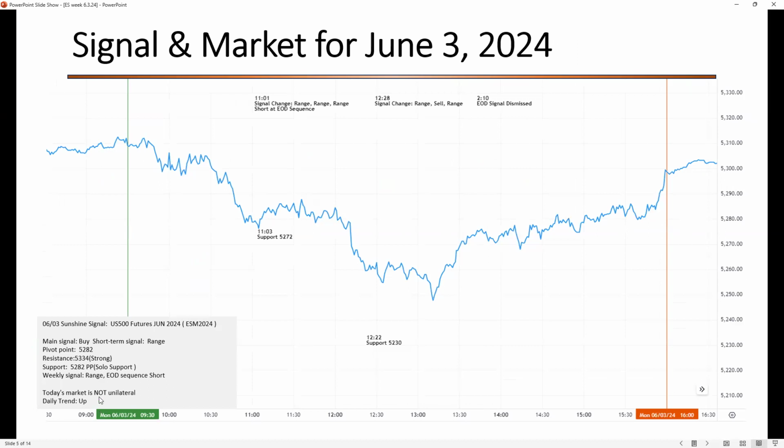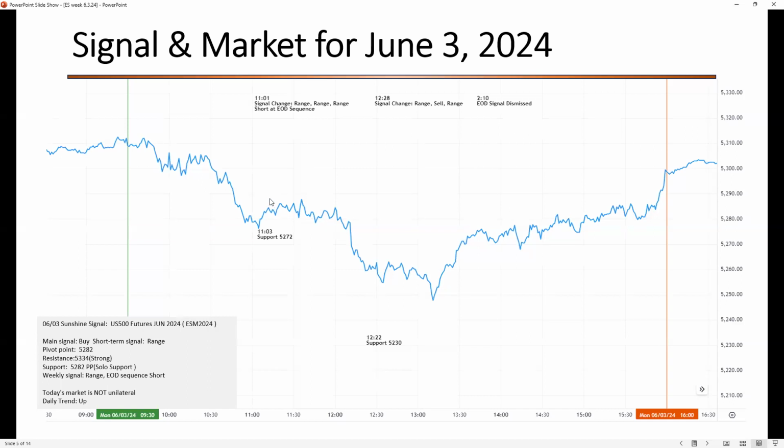The market opened at around 5310, in between the 5295 and 5318 resistance levels from last week. The morning did give a drop, and it went past the pivot point and consolidated around the pivot point for a while.